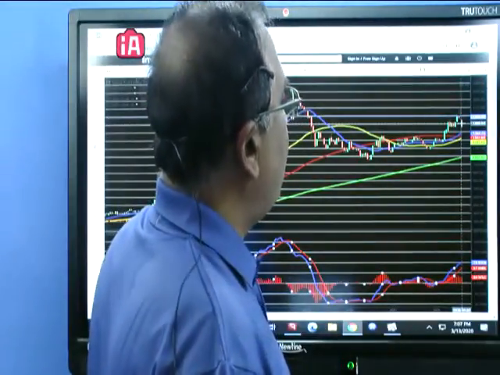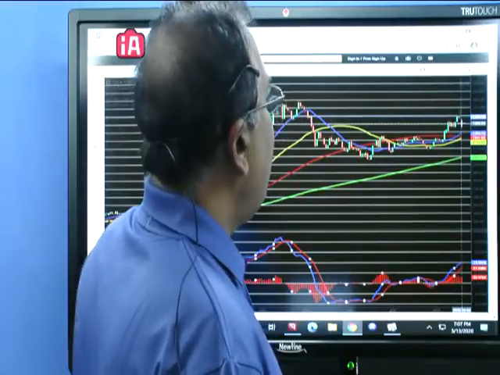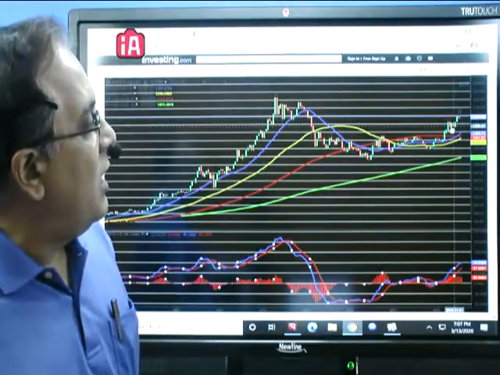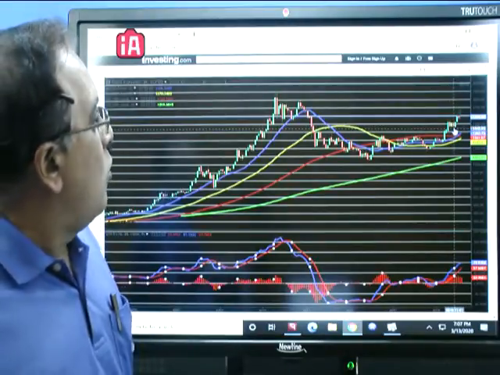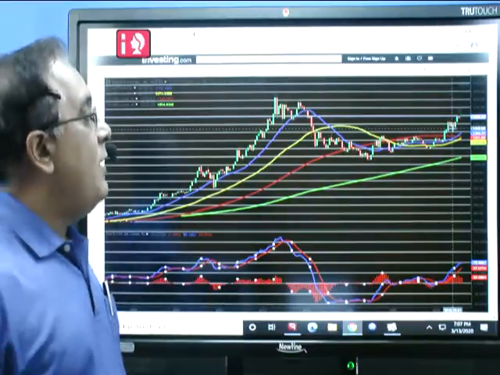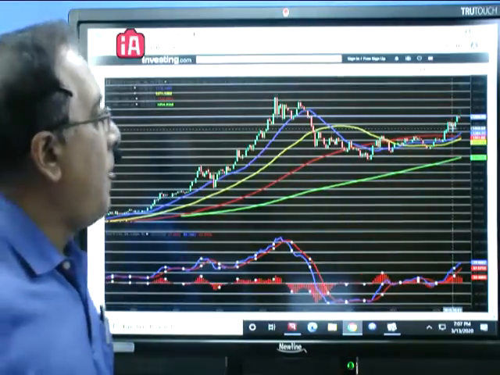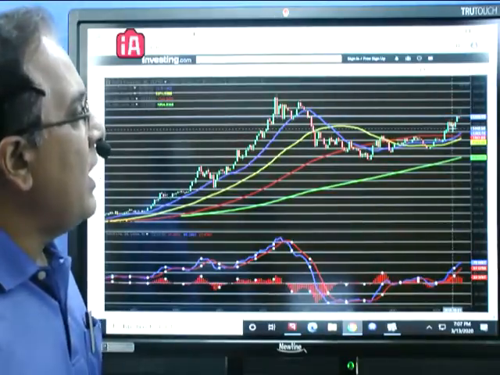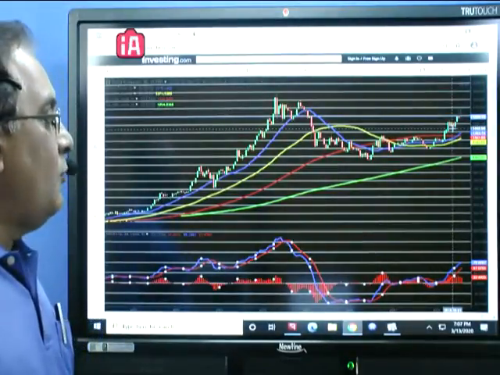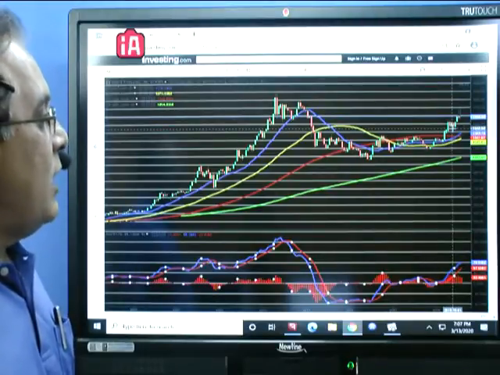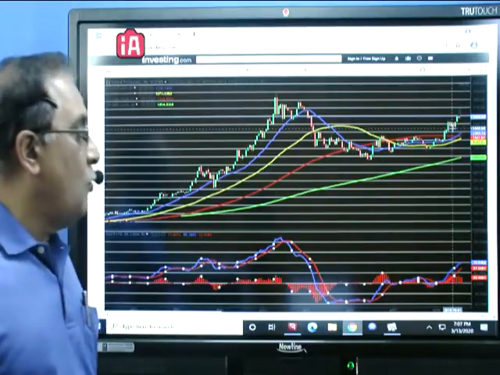So 1550, 51 is a very important support, failing which we could be heading towards a much more bearish possibility of gold going down right up to 1445, 1447 or so, and from there the revival can still start. So be careful about gold. A fall is possible if it cuts this 1555, 1560, and more than 100 points of fall is still possible as far as gold is concerned.